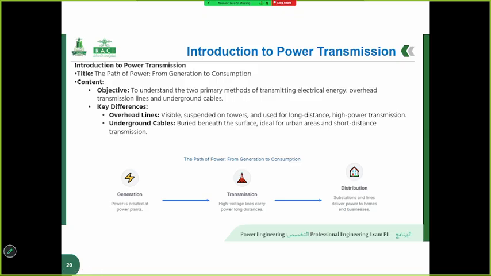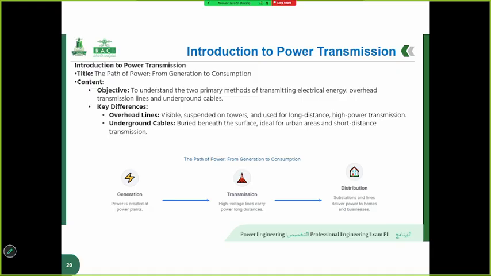This introductory slide provides a high-level overview of how electrical energy is transported from where it is generated to where it is consumed. The objective is to introduce two fundamental methods of power transmission, overhead transmission lines and underground cables, and to highlight their key differences.